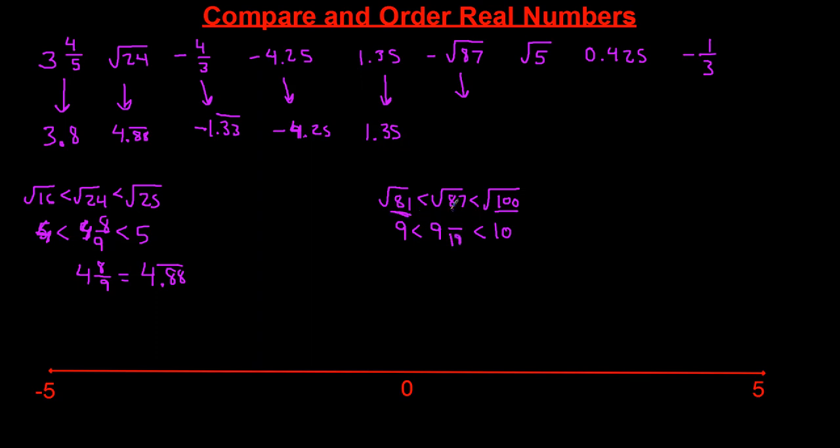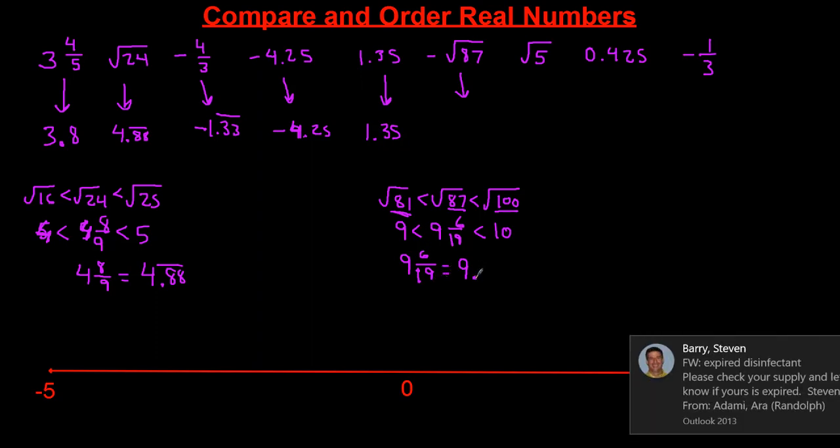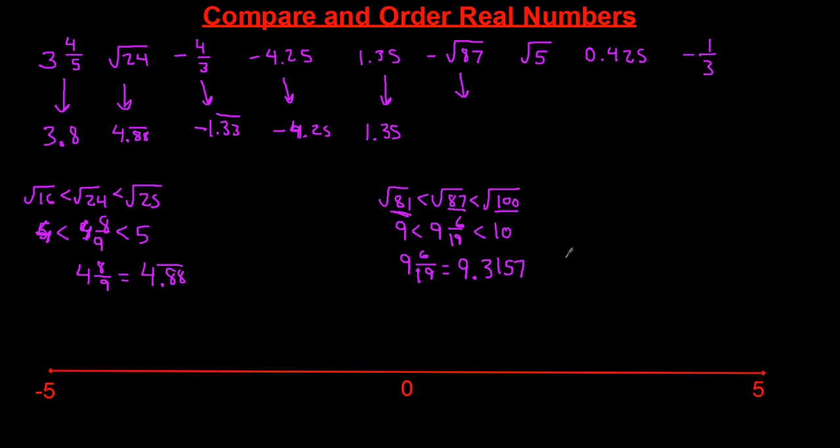From 81 to 87 will give us our numerator. So 87 minus 81 is equal to 6. So we got 9 and 6 over 19. So we have our 9, and then 6 divided by 19 is going to give us 9.3157, blah, blah, blah.